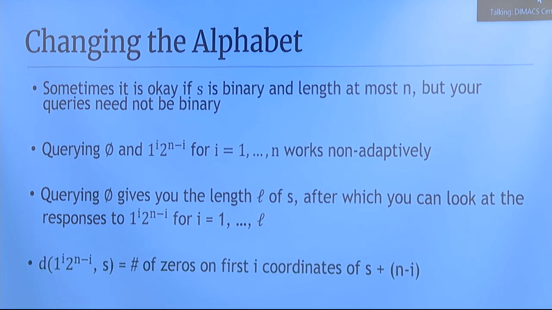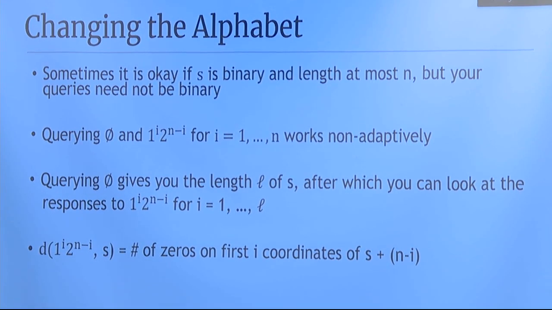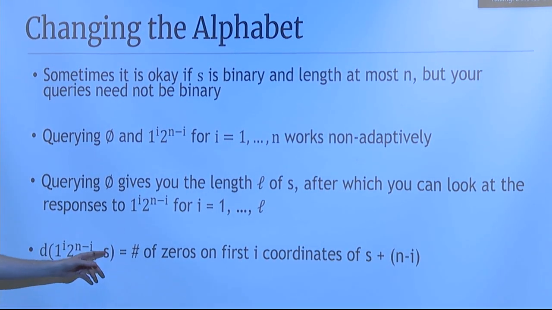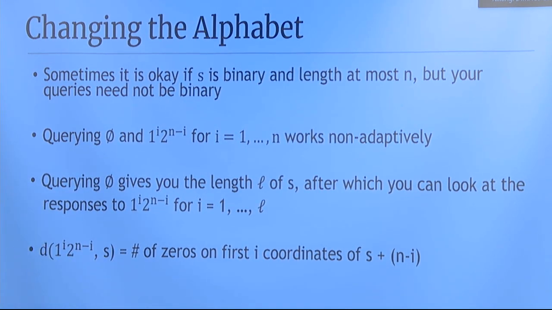Another one of these case analyses, like we did earlier, is that you can compute the edit distance between the secret S and one of these queries, 1 to the i, 2 to the n minus i. I'm transforming the secret into this.